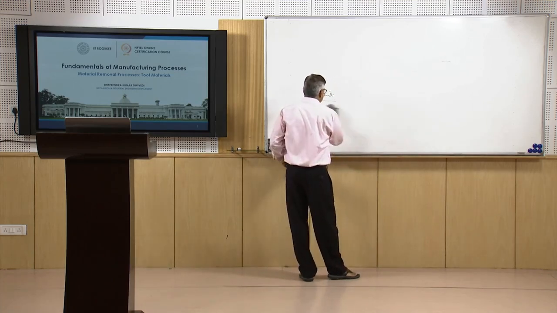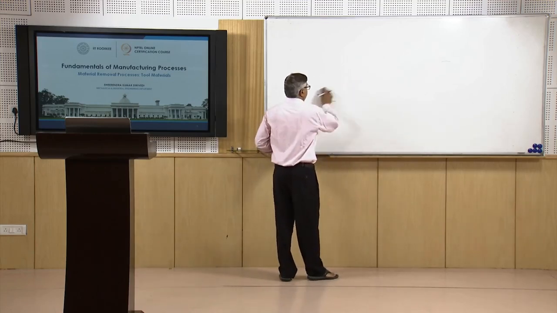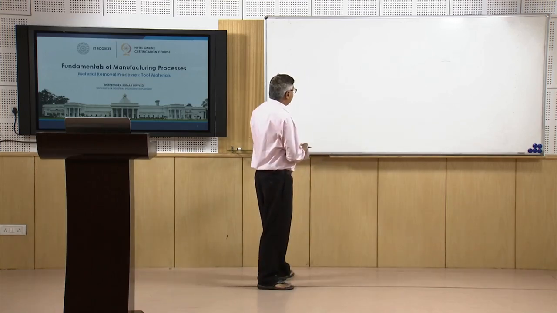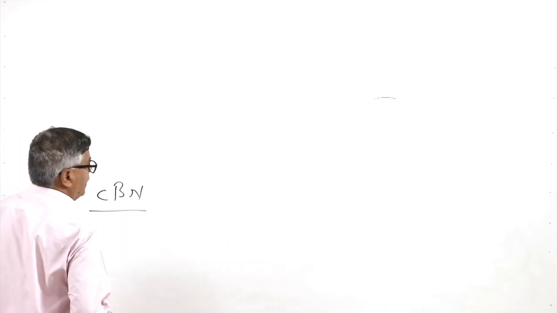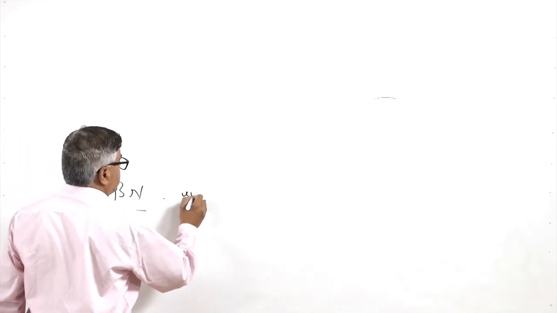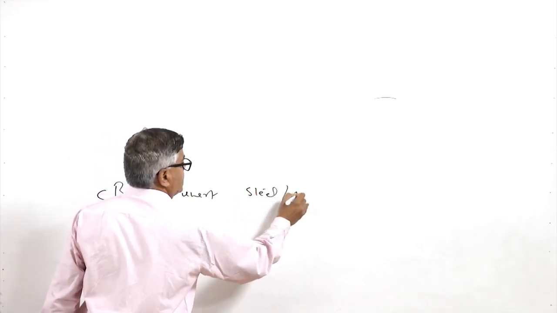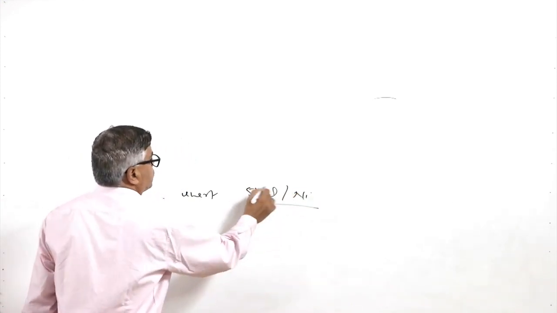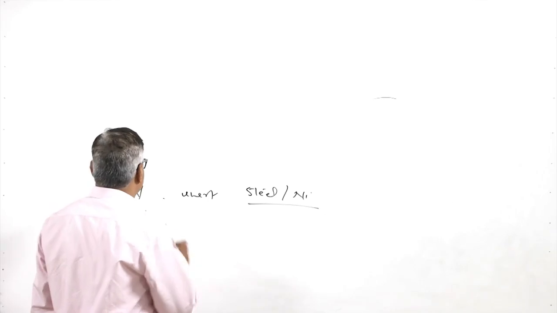On the other hand, CBN, that is cubic boron nitride, also offers very good hardness, and it is especially inert to steel as well as nickel alloys, and that is why this is a very good option to replace diamond as a cutting tool material.